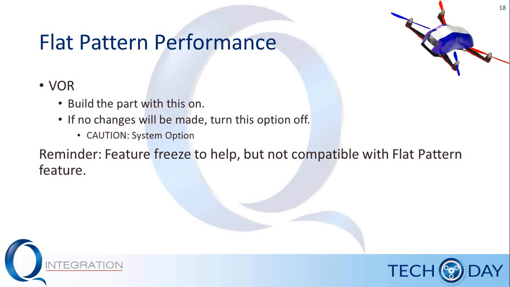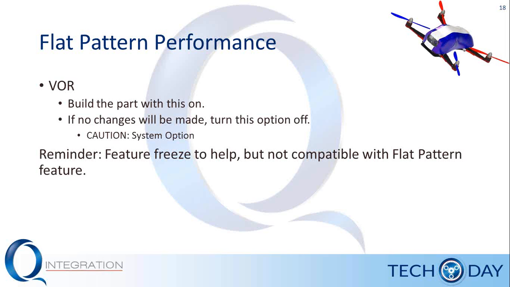Of course, if you remember earlier, I was talking about verification on rebuild, how critical it is to have it on, but is it required? Is it absolutely required? Well, no, it's not. Again, highly recommended though, but in cases where I would recommend you turn it off is if you have a very, very complex sheet metal part. And with that complexity comes a lot of rebuild time, a lot of calculation time.